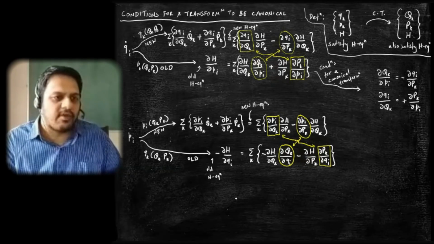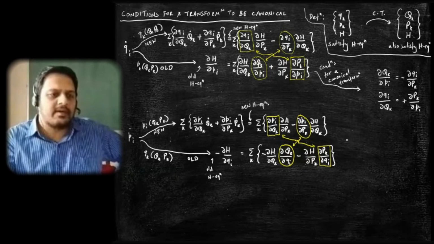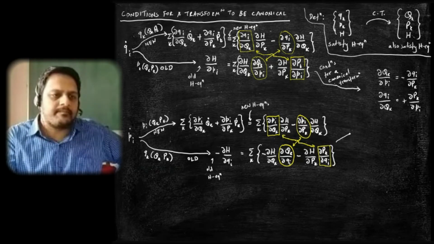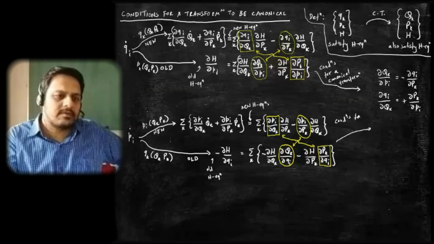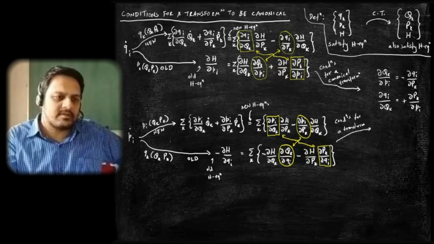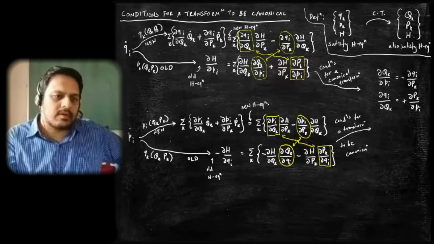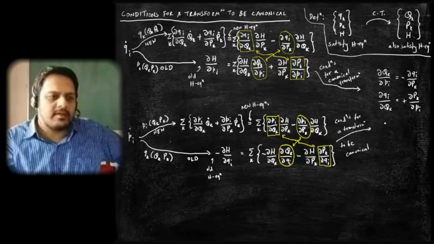The minus signs have not been included in the circling part, but basically you get two more conditions for a transformation to be canonical. What are they?